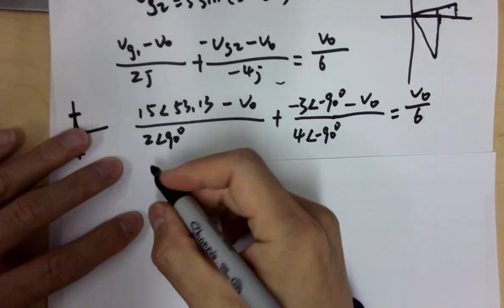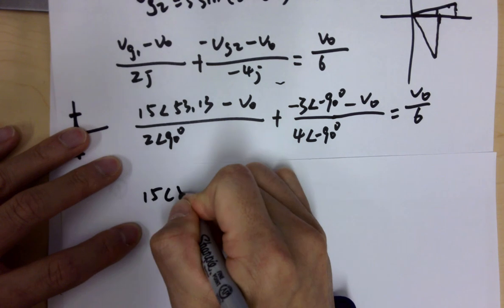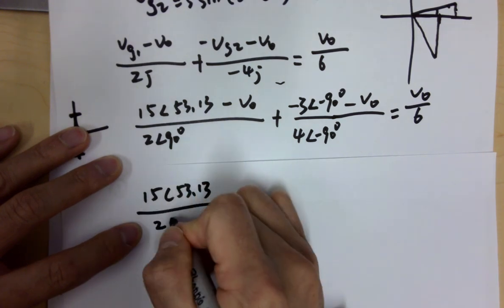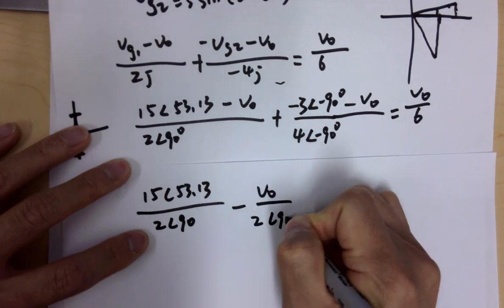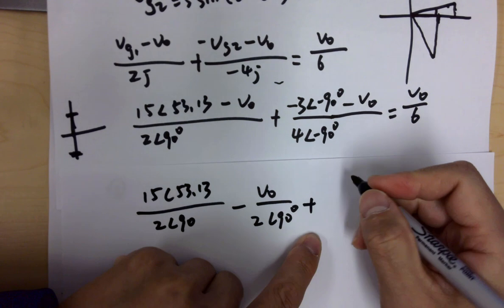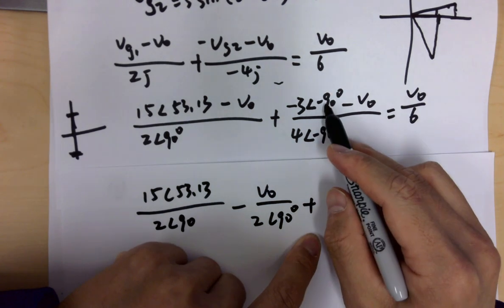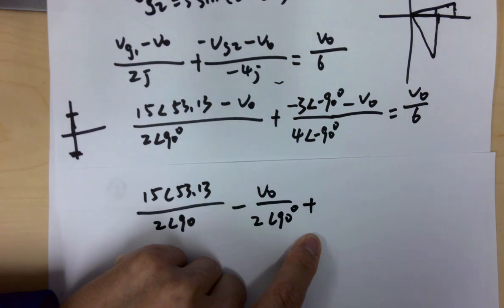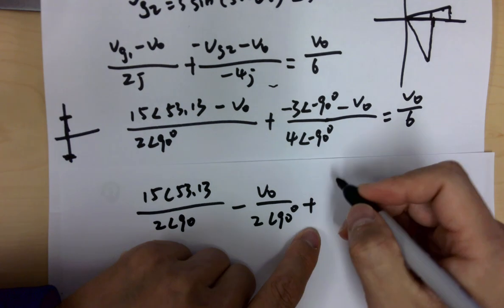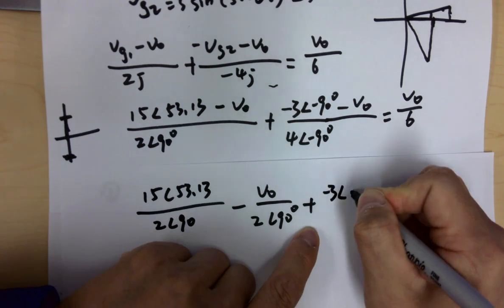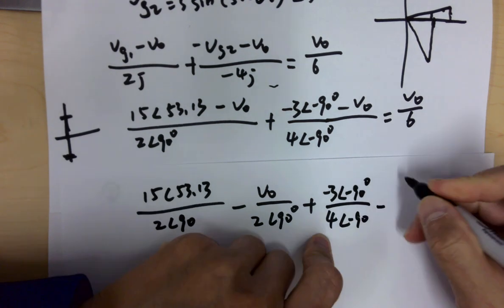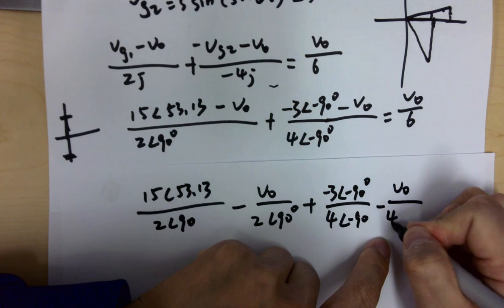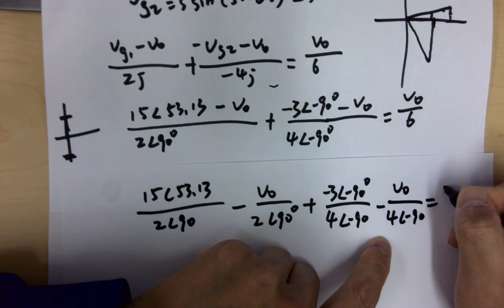And then this becomes 15 angle 53.13 over 2 angle 90 degrees minus V0 over 2 angle 90 degrees, plus minus 3 angle minus 90 degrees divided by 4 angle minus 90 degrees minus V0 over 4 angle minus 90 degrees, equals this.